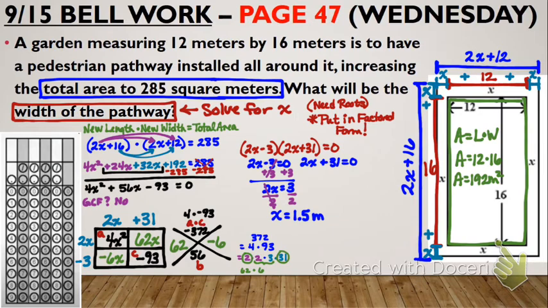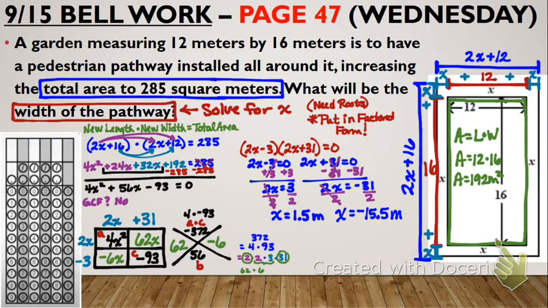What do I do to the other one? Minus 31 on both sides. So I have 2x is equal to negative 31. And then just like before, I divide both sides by 2. Negative 31 divided by 2 is negative 15.5 meters.